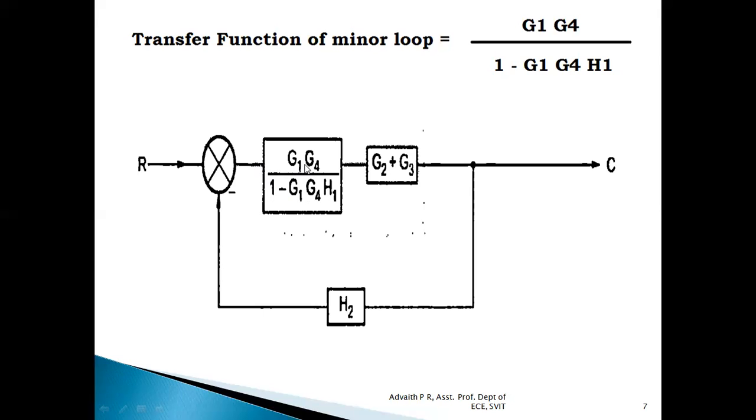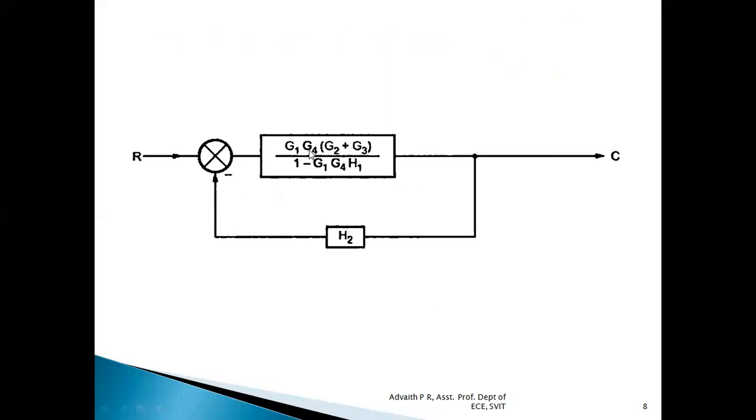The same signal has to flow through both blocks, hence they are said to be connected in series. When two blocks are connected in series, the equivalent transfer function is the multiplication of the individual transfer functions. So the equivalent transfer function will be G1 G4 into G2 plus G3 divided by 1 minus G1 G4 H1.